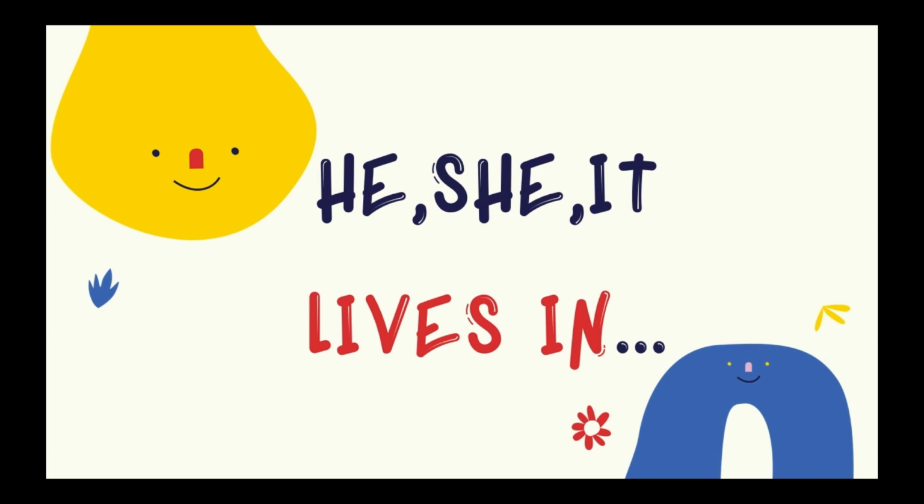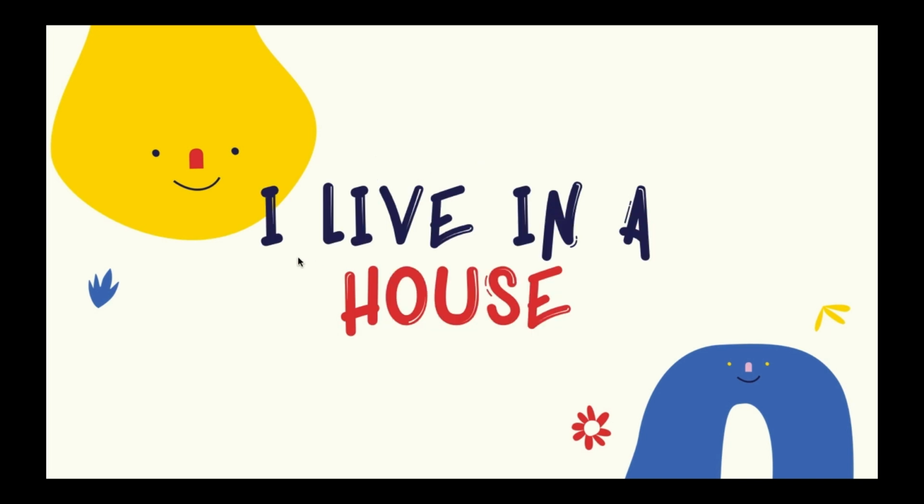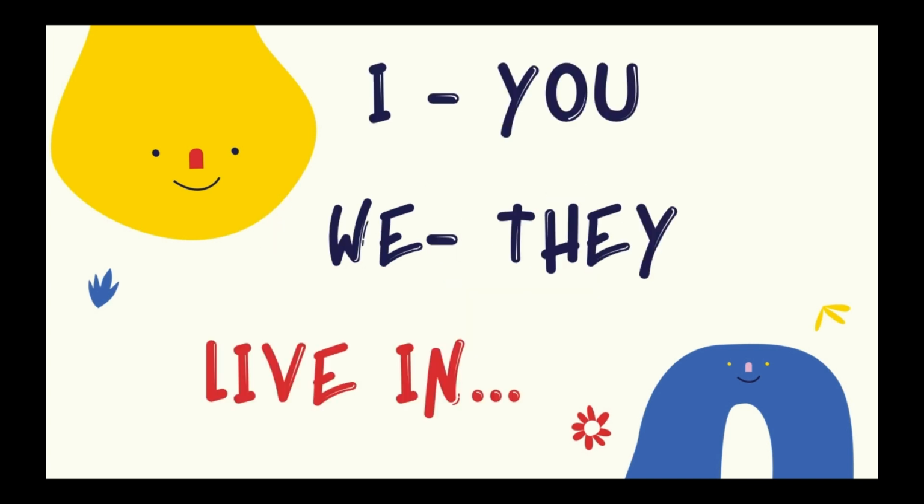So we add the s here because of the subject he, she, it, right? Lives in a big house. So look at the subject. I live in a small house, or I live in a red house, right? Okay. I, you, we, they live in a big house. We live in a big or in a pink or in a red house, right?